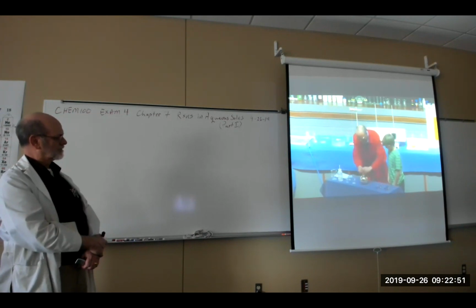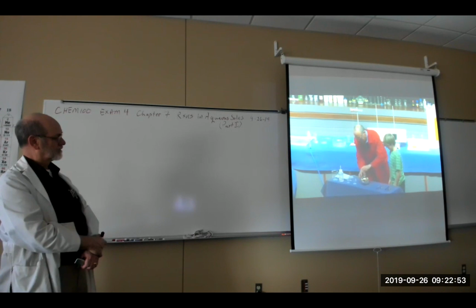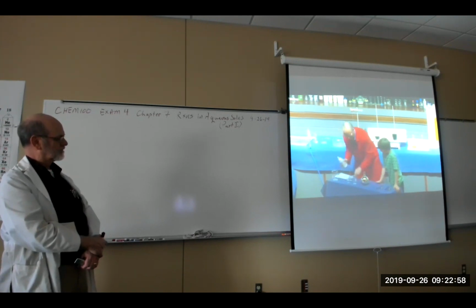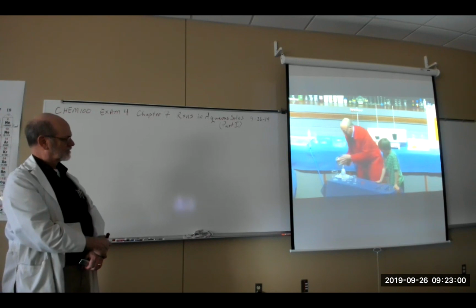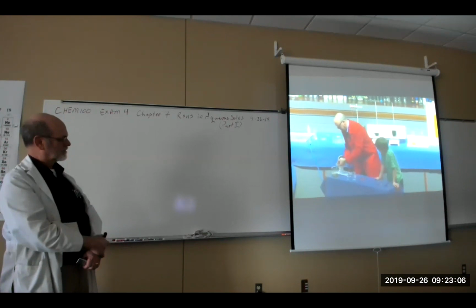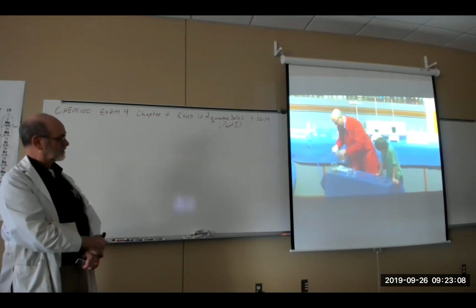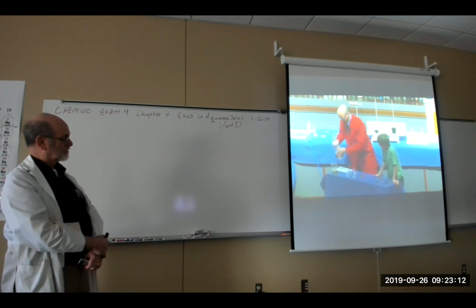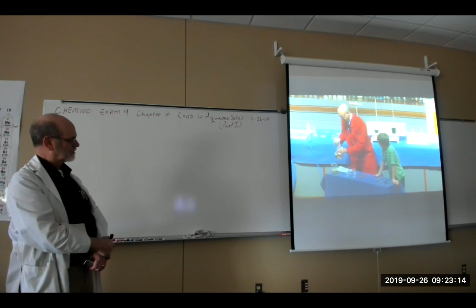Right, we're going to take the clip off. Take out the stopper. Let's wash that off. And we'll pour out the remaining chemicals. And then I'm going to rinse this out with distilled water. And rinse it out a second time.